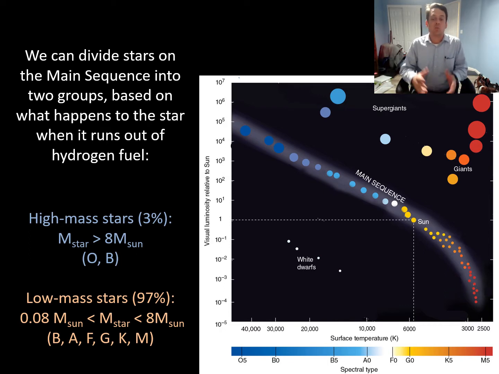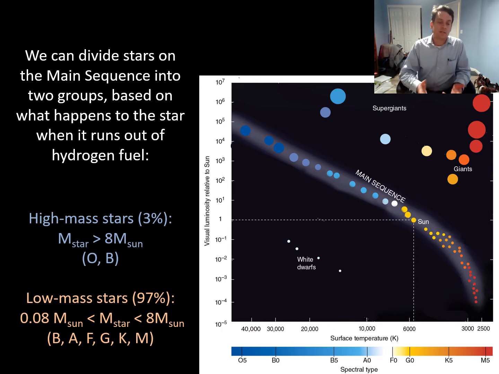And so that's why we choose 8 solar masses to be the demarking line between high mass stars and low mass stars. It's not just because somebody picked a random number. It's because that number of 8 solar masses makes a difference as far as what happens in the evolution of that star as it leaves the main sequence.